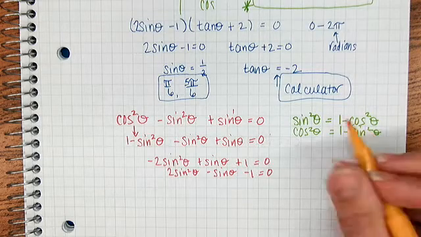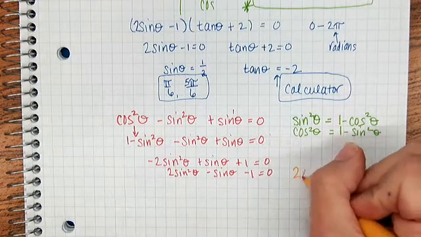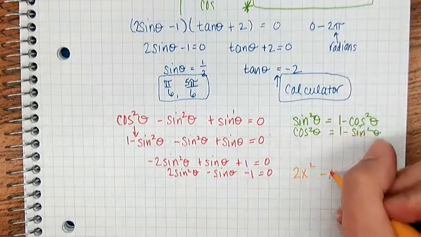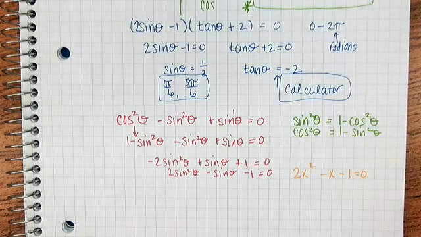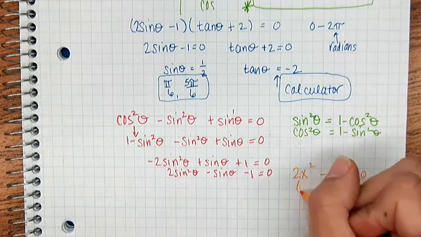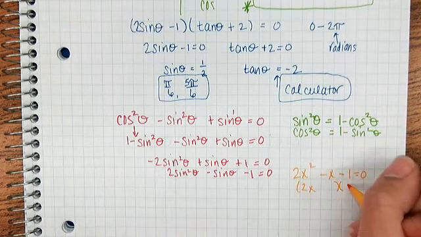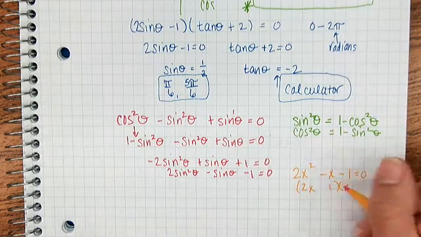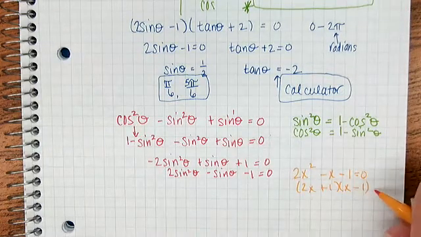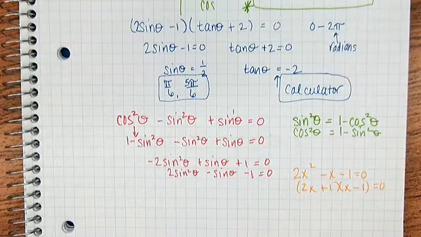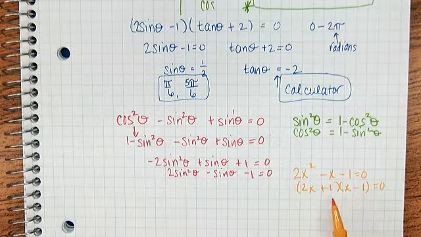Let's just say we wrote it as 2x squared minus x minus 1. Well, you would just factor this, right? You would get 2x plus 1, x minus 1. I really hope I did that right. I hope that's right. Yeah.